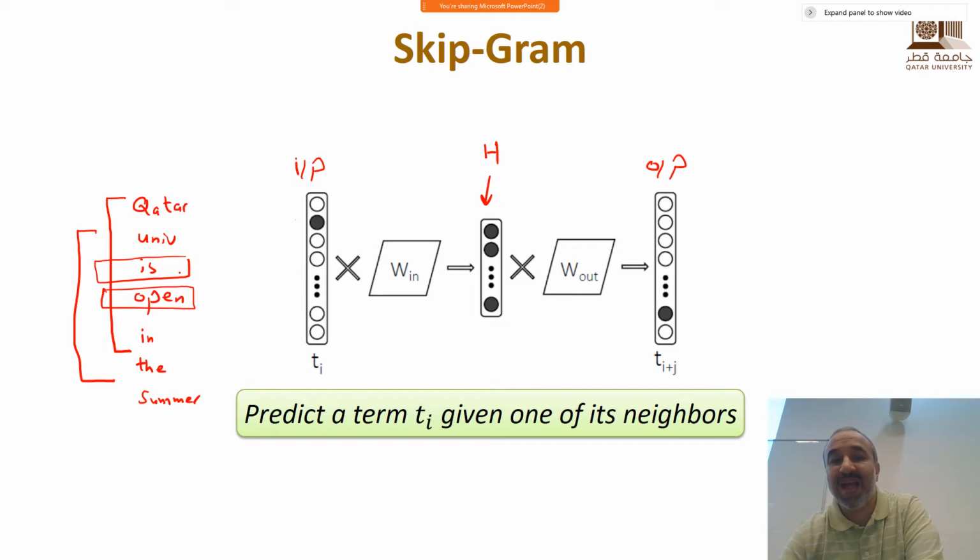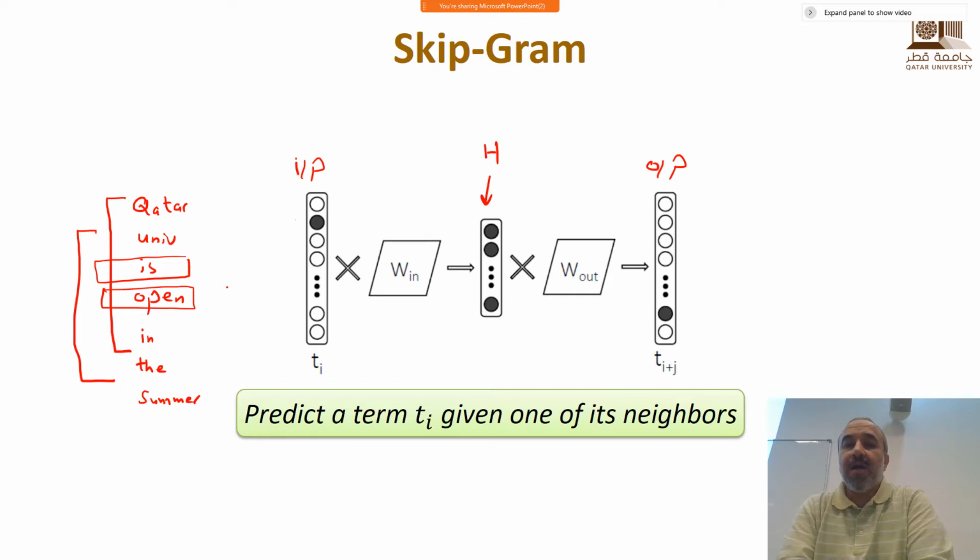So Qatar is like a label for is in that example. And university is a label for is, and the open is a label for is, and so on. So every pair, in this way, is a training example, input and output. Okay. The first term is input, and the second term is output.